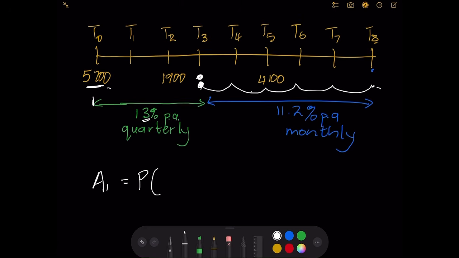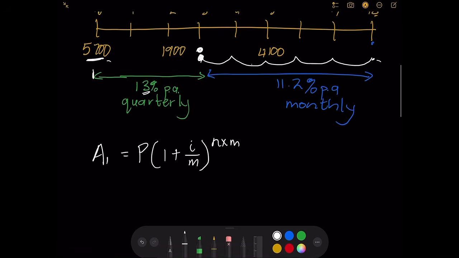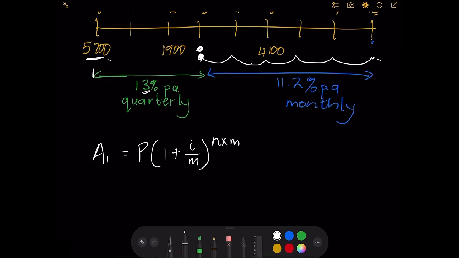So we know it's principal amount 1 plus interest over the number of times it's compounded per year, multiplied by m. Right, now I am going to simply say, so that's 5,700, and that would be 1 plus. Now our interest rate, remember, we always divide that by 100.